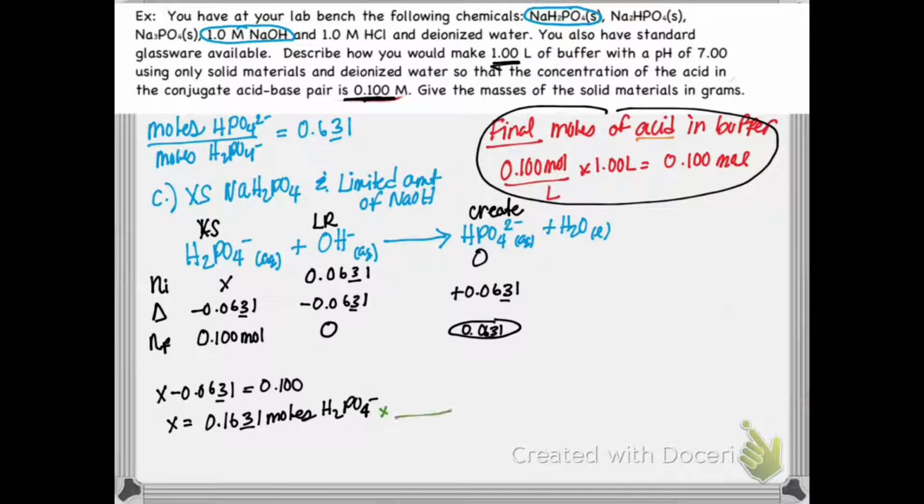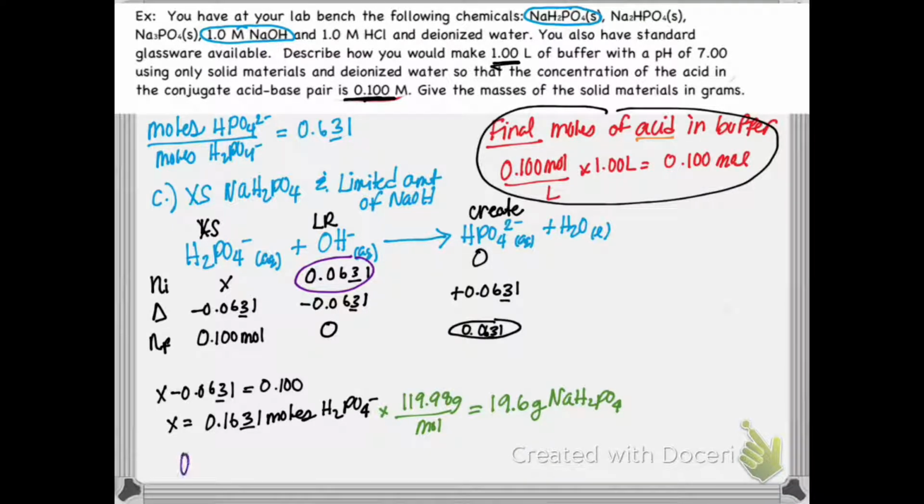Just like the last part, we're going to multiply by the molar mass of the NaH2PO4, 119.98 grams per mole, to give us 19.6 grams of this NaH2PO4 that we're going to put in the buffer to give us the correct number of moles of the acid component at the end.